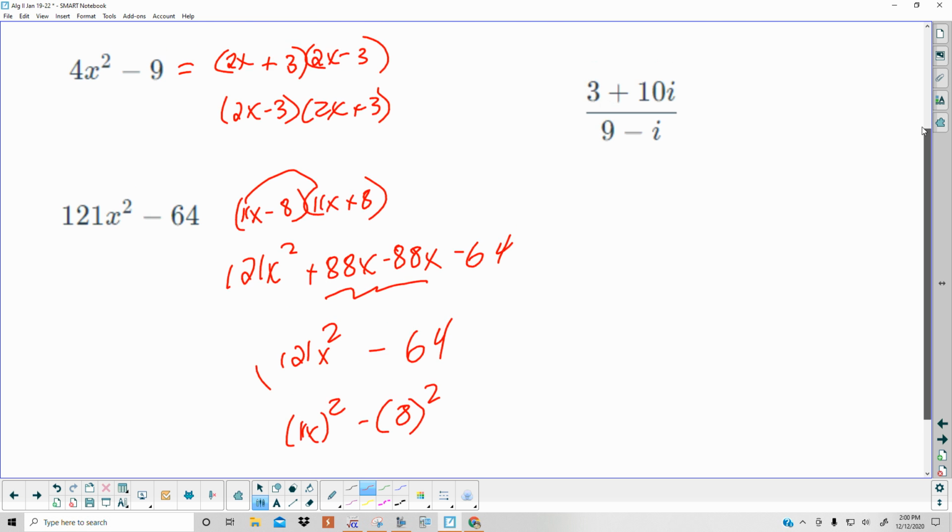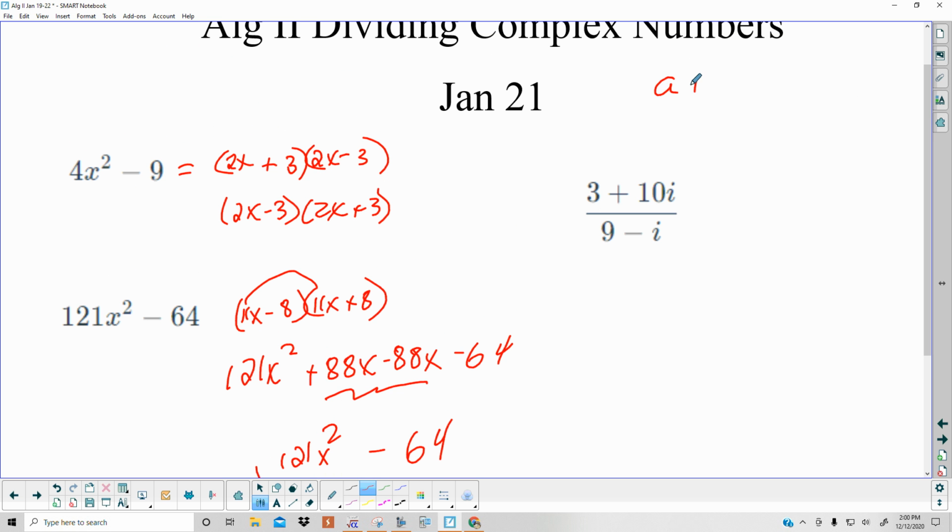Okay. We need to turn this into an a plus bi format. It looks kind of gross. How in the world do you do that? Well, you use this difference of squares pattern. You multiply the top and bottom by what's called the conjugate of the bottom, which is the piece that's needed to make this a difference of squares pattern.